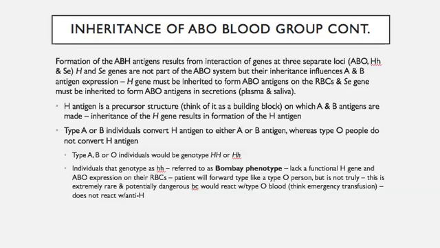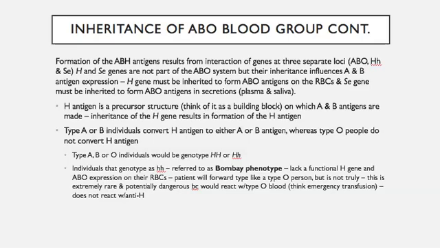In type A or B individuals, they convert that H antigen to either A or B antigen. You can think of the red cell as starting out initially covered in H antigens, and through a particular process, all of those H antigens get converted to either A or B.